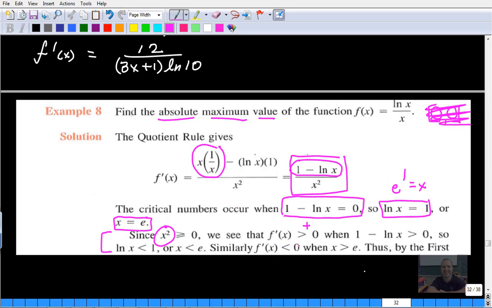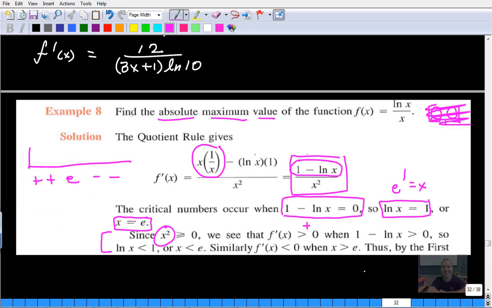And likewise, the derivative is negative when e is less than x. Okay? So you have e here, and you have positive here, negative here for your sign analysis. So that represents a maximum value.